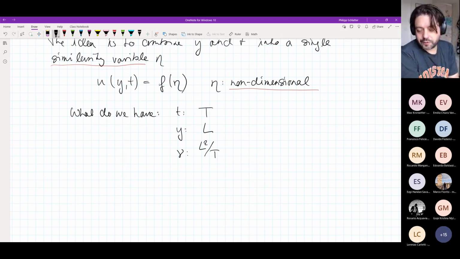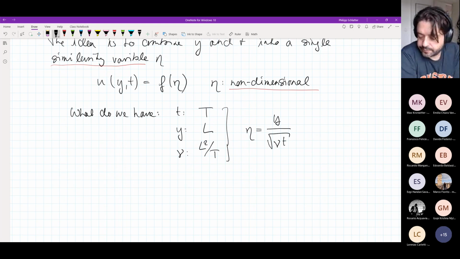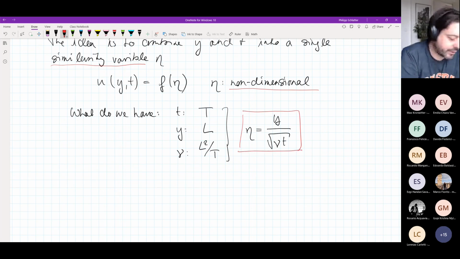Actually, there's only one way this can be done, namely by combining t and y with nu such that eta becomes y divided by the square root of nu times t. This is the only way of making a non-dimensional eta based on t, y, and nu.